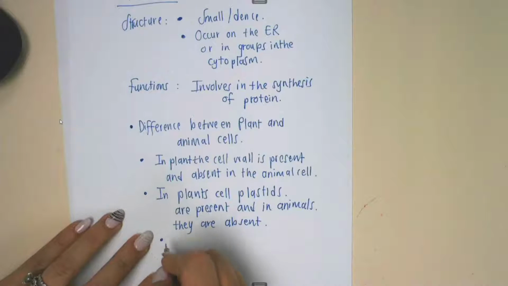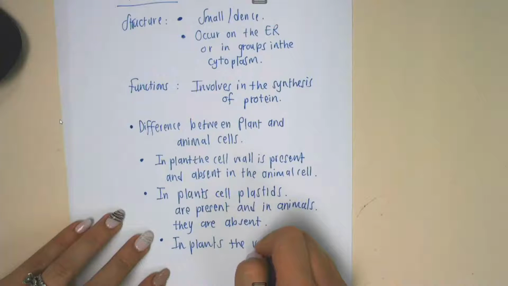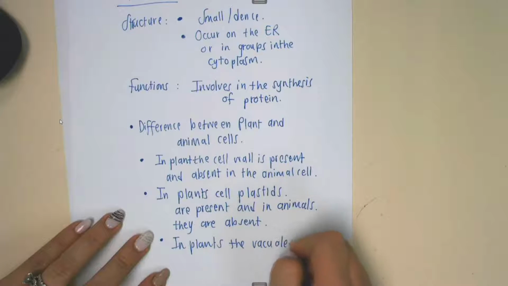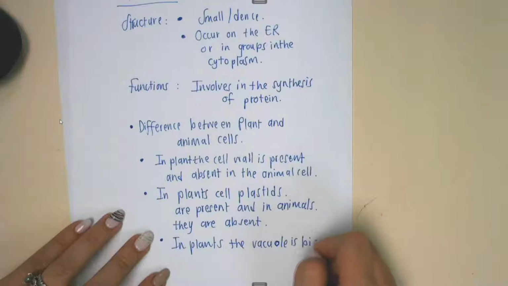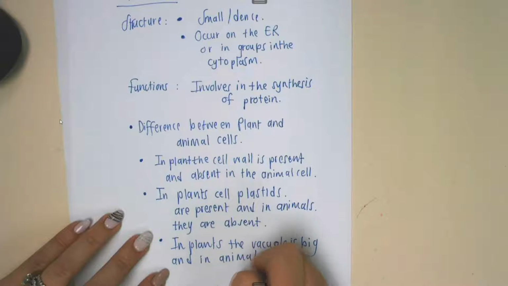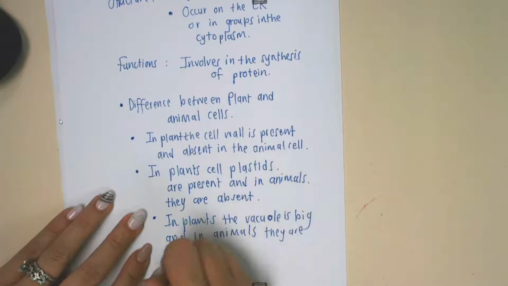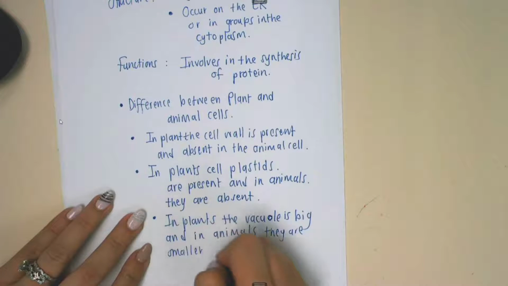Then you can say in plants the vacuole is big, and in animals they are smaller or absent. And remember, they have different types.